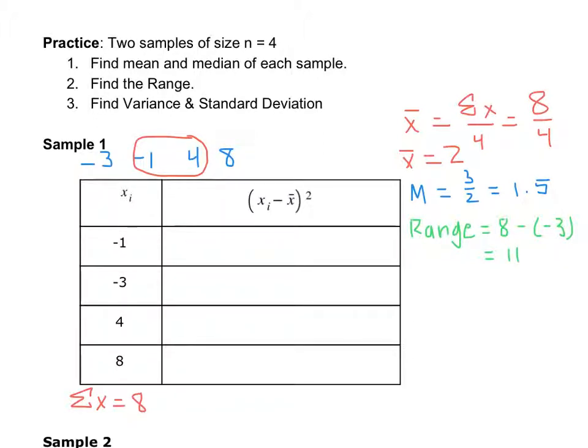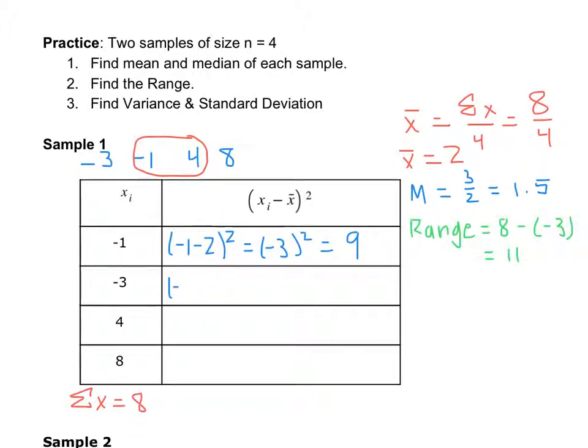Now we want to look at variance. I have a column there that's going to help us calculate variance. So the first thing we want to do is find the sum of those squared deviations. We're going to take our data values, subtract the mean, and then square it. So -1 minus 2, we get -3 squared, 9.